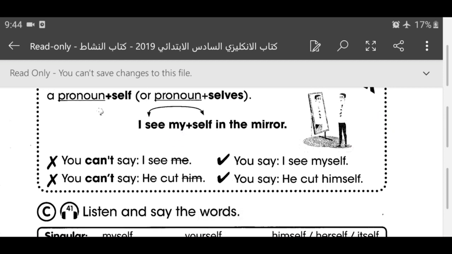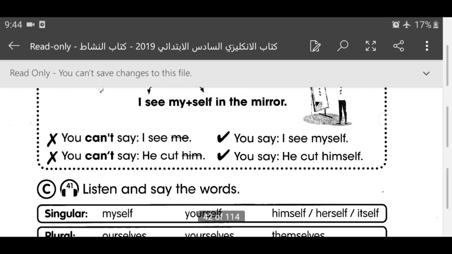For example, I see myself in the mirror. You cannot say I see me. You cannot say he cut him. What do we say?